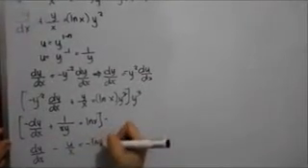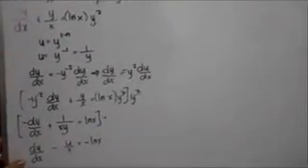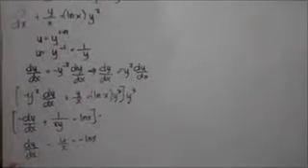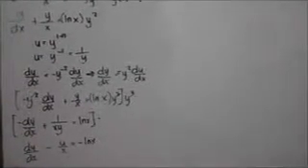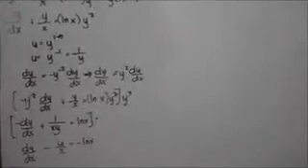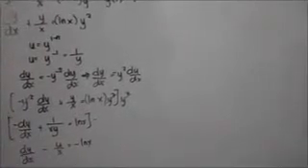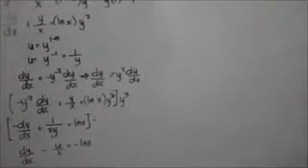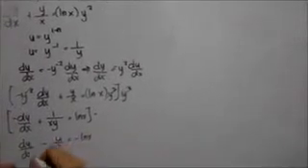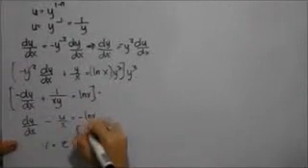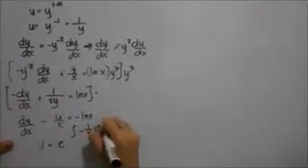equals negative ln of x. As we can see, this is a linear form of differential equation. We need to use the linear form of solving this equation. So in this equation, 1 over x is the p of x. So v is equal to e to the power of negative integral of 1 over x dx.